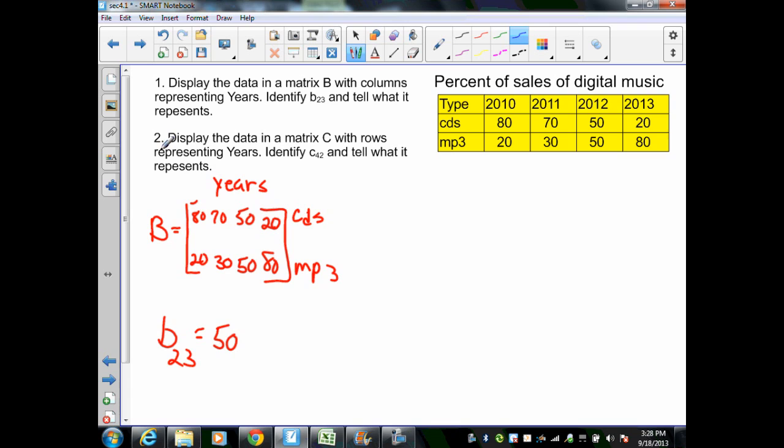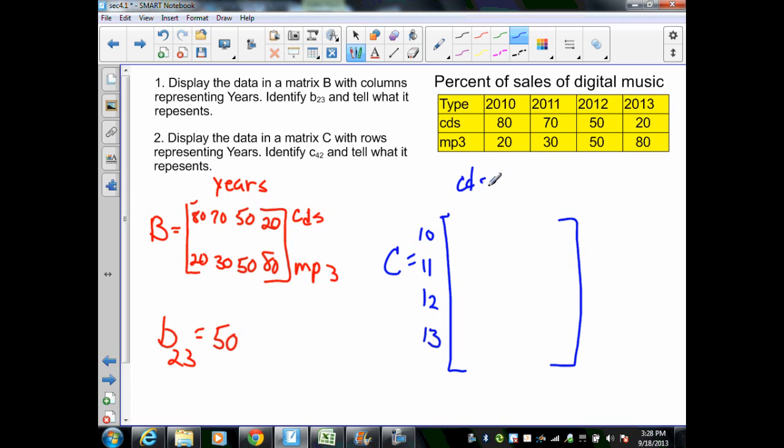On number 2, they changed the directions by wanting us to display data in a matrix C, but in this situation, they want our rows to be in years. Therefore, this would be 2010, 11, 12, and 13. And then our vertical columns would be the CDs and the MP3s. In this case, I would have 80, 70, 50, and 20.